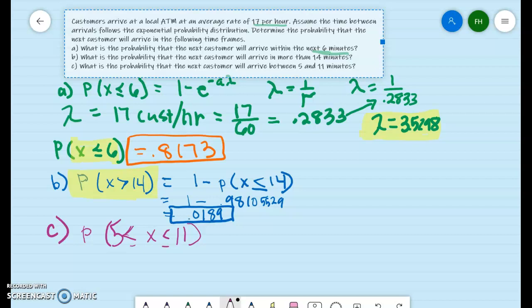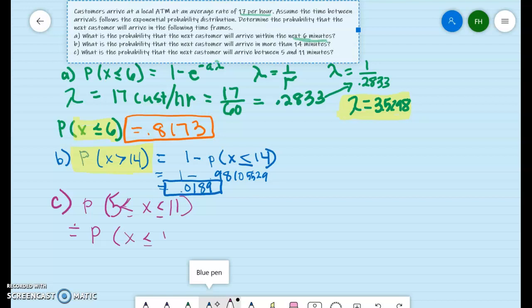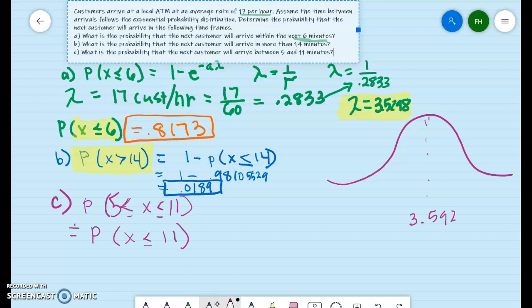So the way that we're going to do that is we're going to find the probability of 11. So let's look at this. Let's just say the mean is here. I think the mean was 3.5928. So the probability of 11 would be over here. And the probability of 5 would be right here.